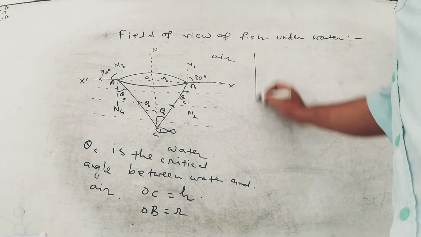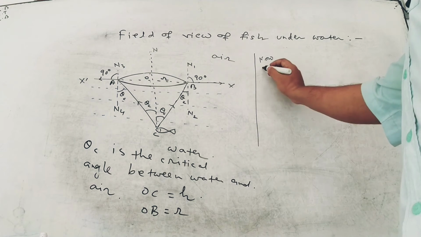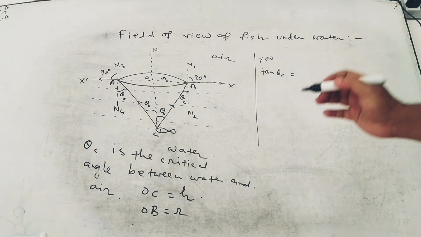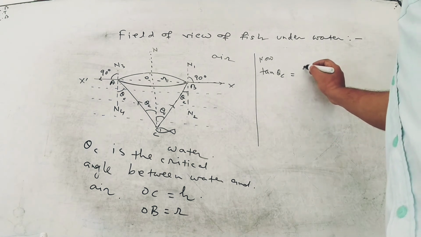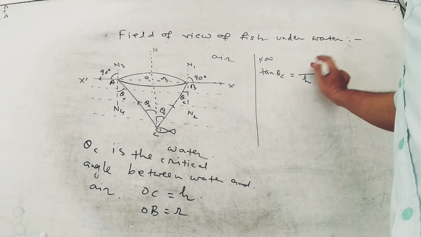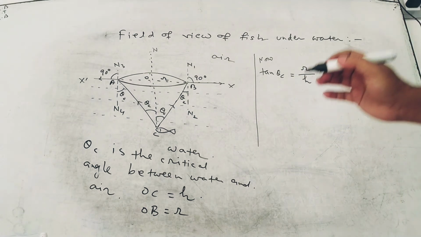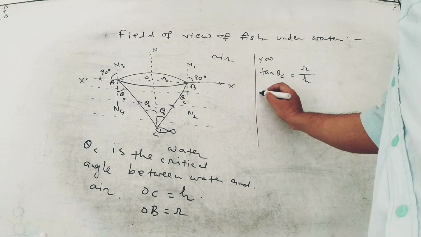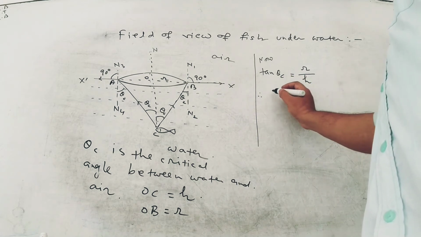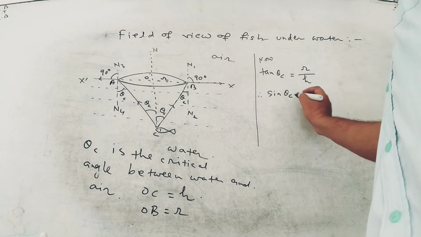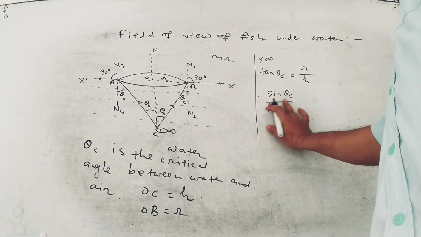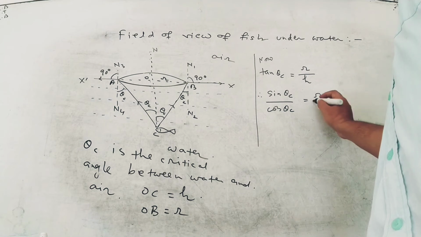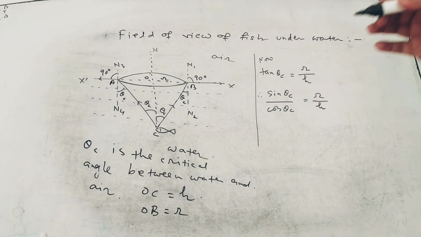Now tan theta C is equal to r by h, perpendicular by base, and we know tan theta C is equal to sin theta C by cos theta C, which is equal to r by h.